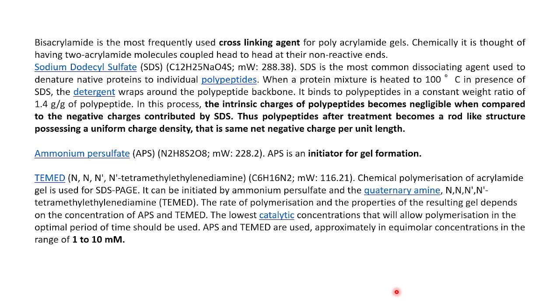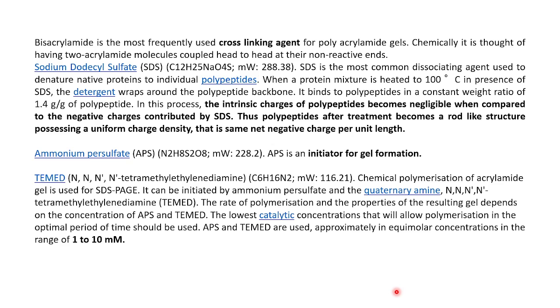The other important factor is your SDS, or sodium dodecyl sulfate. It's the most common dissociating agent used to denature native proteins to individual polypeptides. When a protein mixture is heated to 100 degrees in the presence of SDS, the detergent wraps around the polypeptide backbone, the protein opens up, and the SDS molecules can sit there, giving the protein a uniform negative charge.